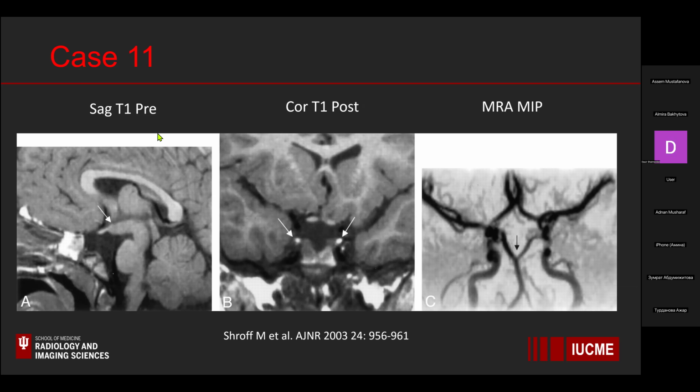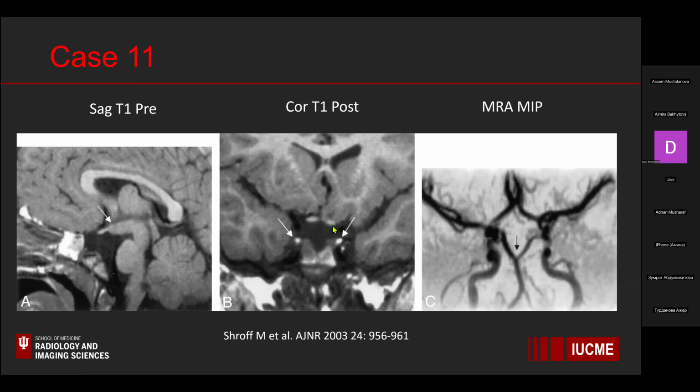What I'm trying to show on the left image is this enlargement of the tuber cinereum and the mammillary body. This is on pre-contrast T1. On the coronal T1 post, you can see that there are paired pituitary glands on either side.